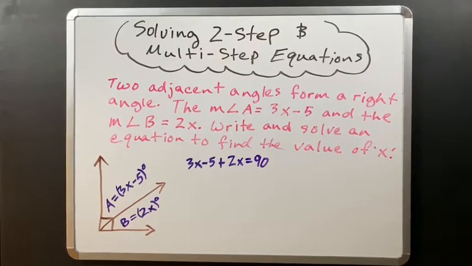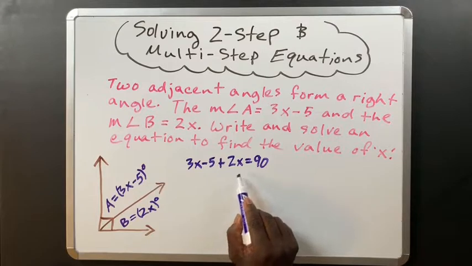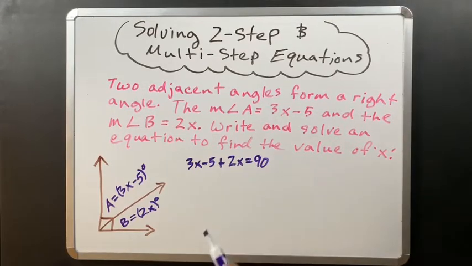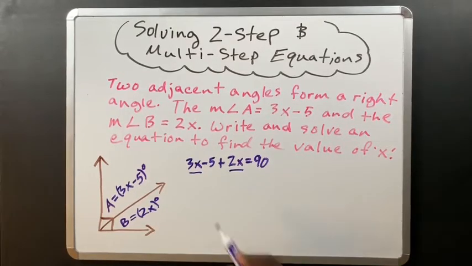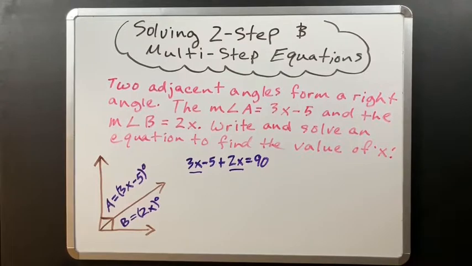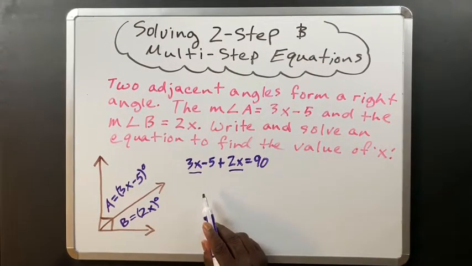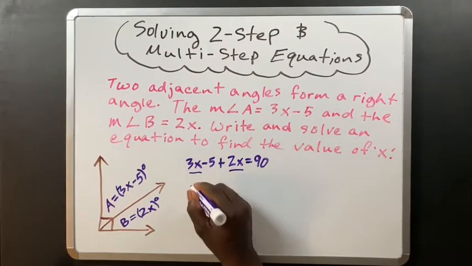So now we're going to go ahead and solve it. Well, I noticed that we have two terms. Terms are separated by addition and subtraction. So we have 1, 2, 3 terms, but two terms are like because they have the same variable and the same exponent 1 that you don't see there, but it's 1 above that x. So we're going to use the commutative property of addition and group these like terms together.